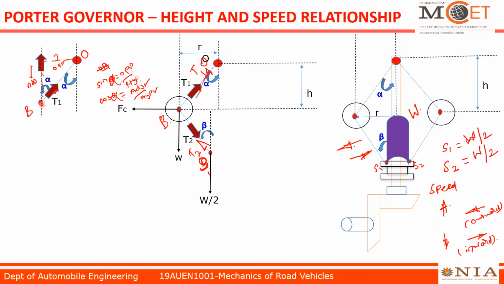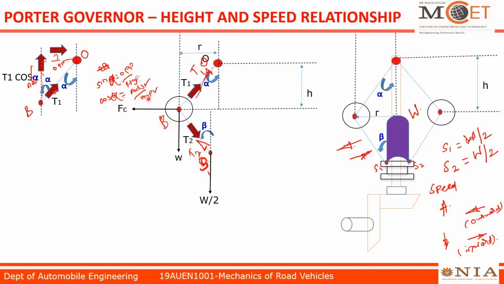If you pull the arm like this, actually it moves in two axes. One is the vertical axis, another is the horizontal axis. So there will be two forces, vertical and horizontal forces. If you take this hypotenuse as T1, sin alpha equals opposite divided by T1, so opposite equals T1 into sin alpha.